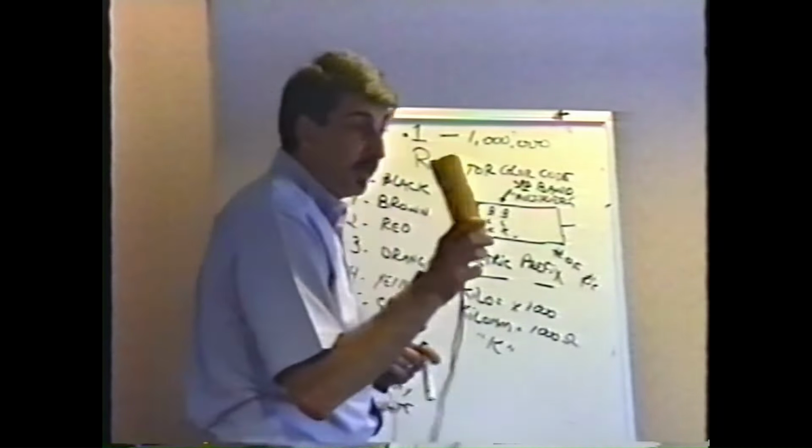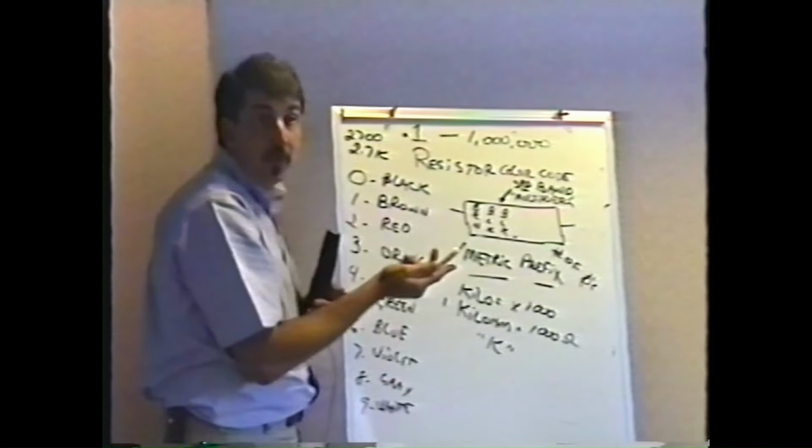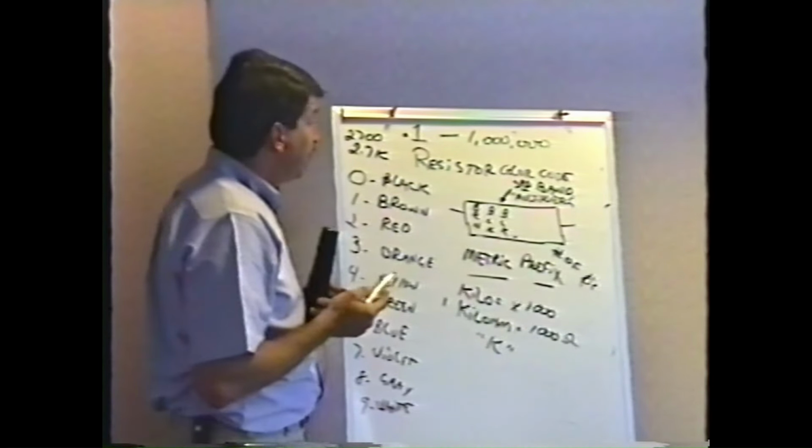So we use kilo as one of the metric prefixes. For instance, if I have a 2,700 ohm resistor, this will be referred to as a 2.7K, right? 2.7K. Of course, you divide by 1,000, you just move the decimal place over 3, don't you? So that would be 2.7K.